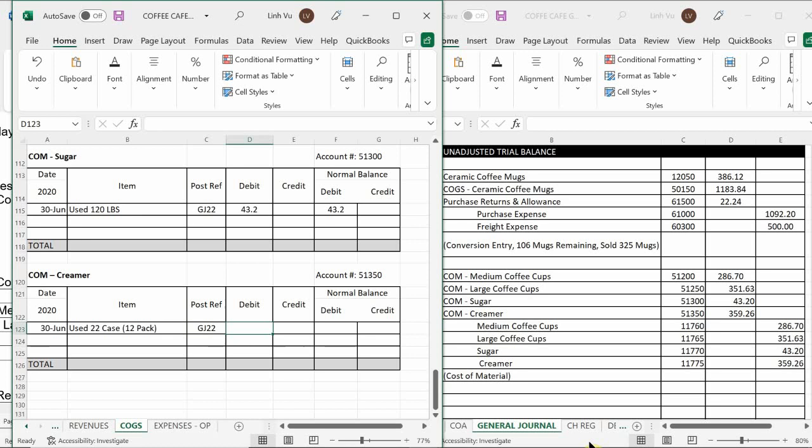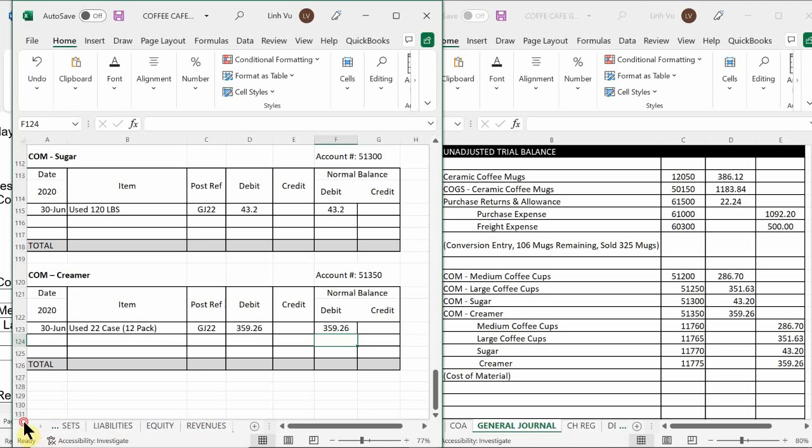Which gives you a total here. So 12 pack, which gives you 359.26. Okay.